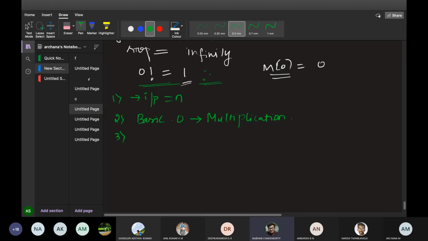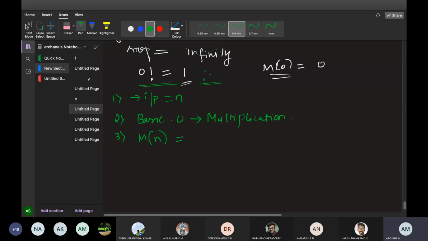N times. Now, this is very important. Whenever we write how many times this basic operation is executed, we need to write the formula and tell. Look here, what is the basic formula for this? For example, I'll take this function as m of n. You can take it as f of n also, because I have already written function f of n in the algorithm. I'll take it as m of n.